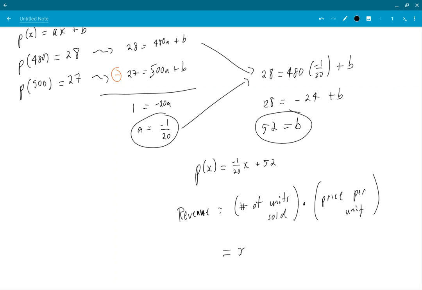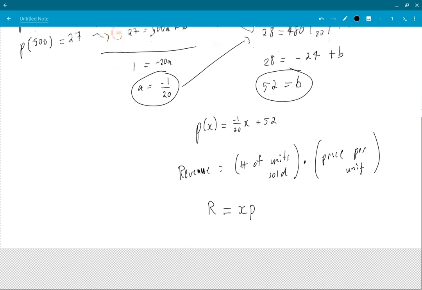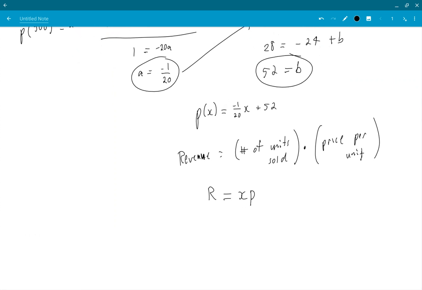So this is X times P, where X is the number of units sold and P is the price. In our case, using our P function, we get R is minus 1 over 20 X squared plus 52 X.